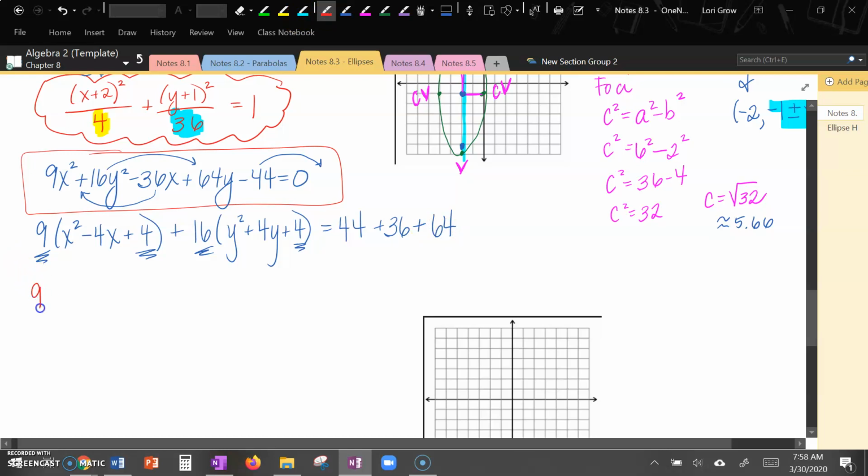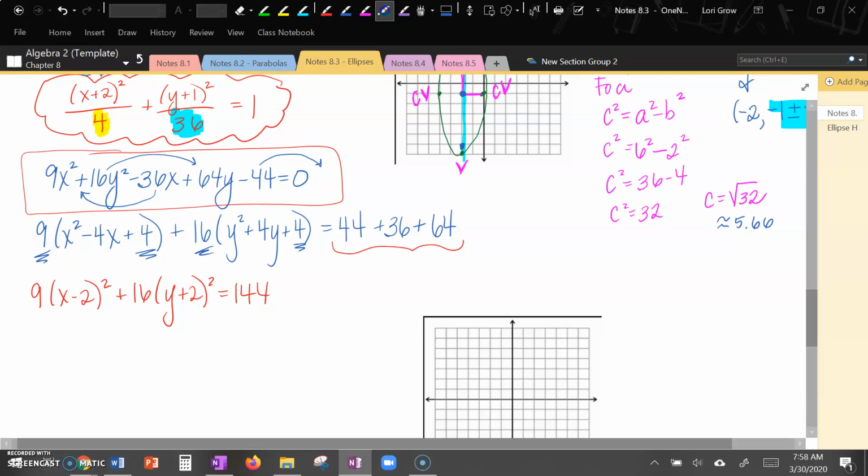Okay, then I factor, and all of this reduces to 144. I'm now going to divide everything by 144.